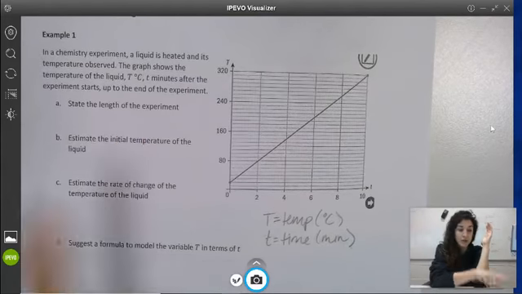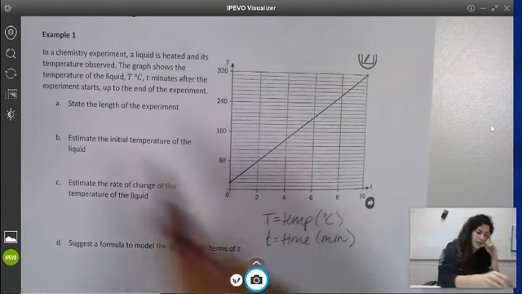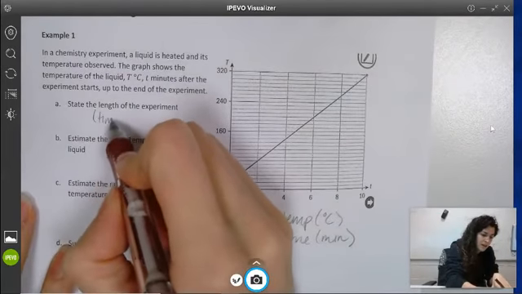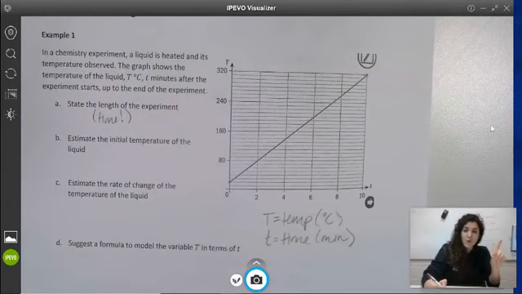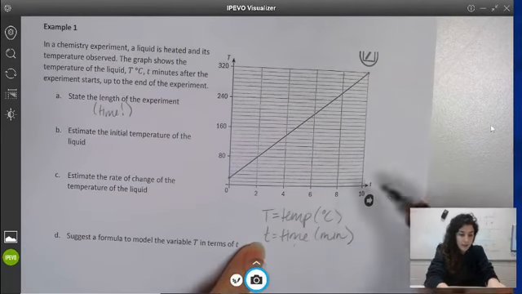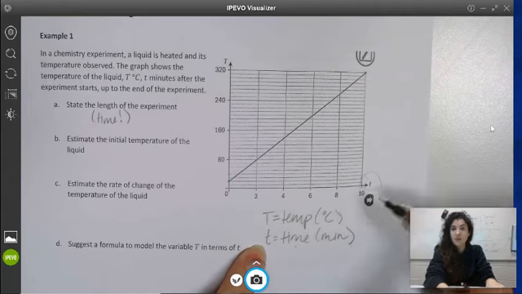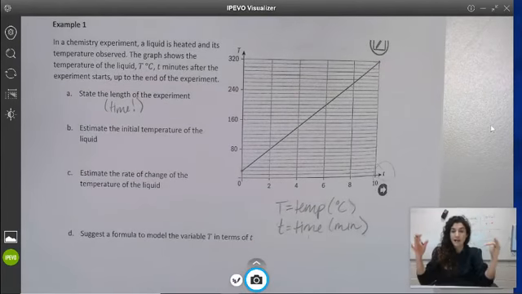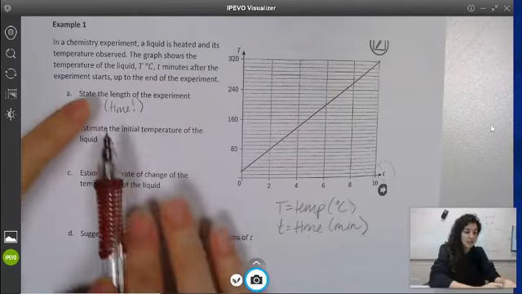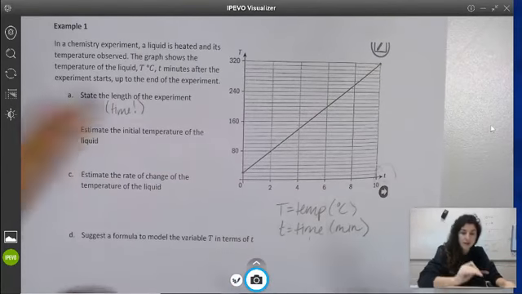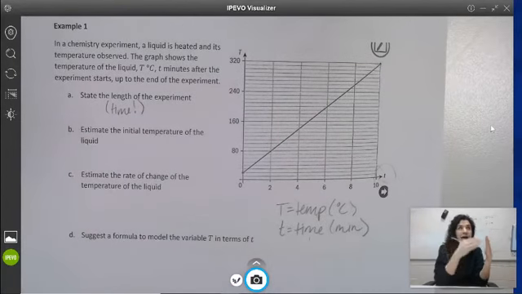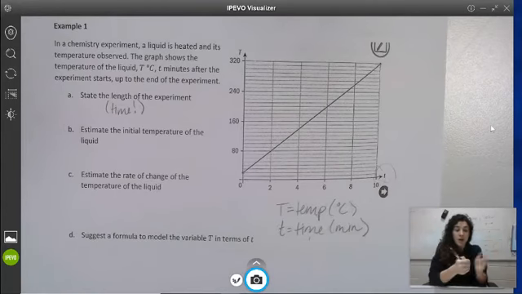So when it says state the length of the experiment, you have to think length. That's time. Oh, time is our x-axis, lowercase t, time. So for how much time does it extend? Notice this connection. It's important to write things down because it helps draw those relationships for you sometimes.